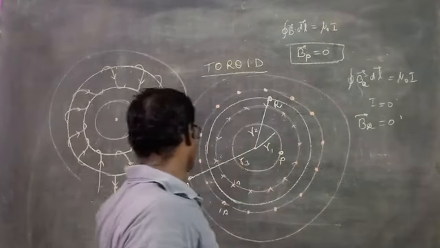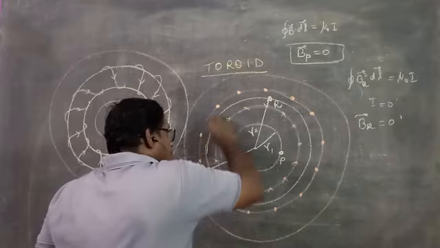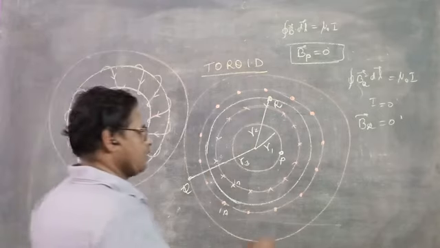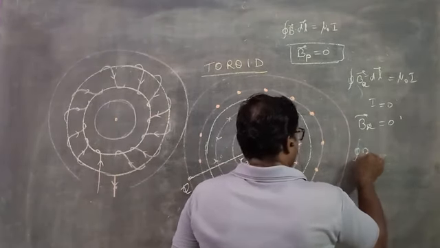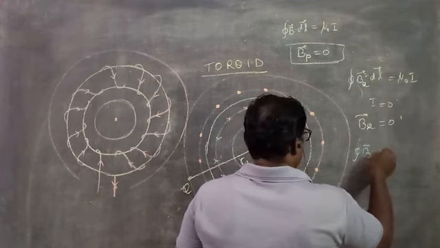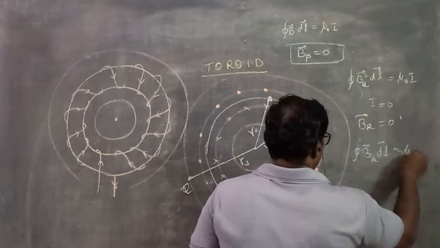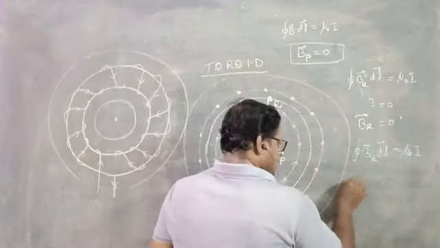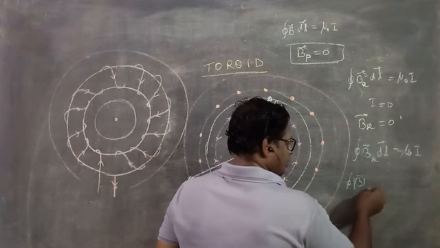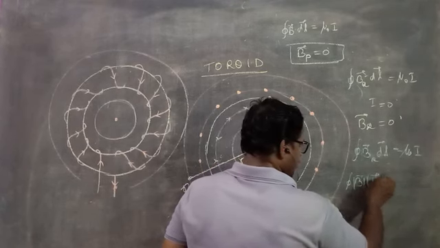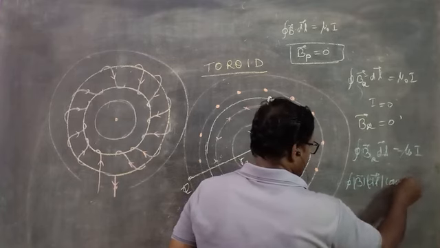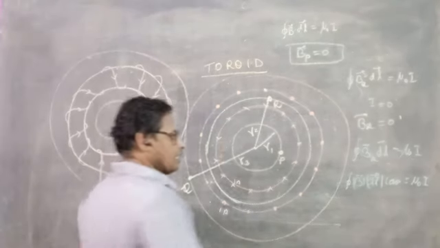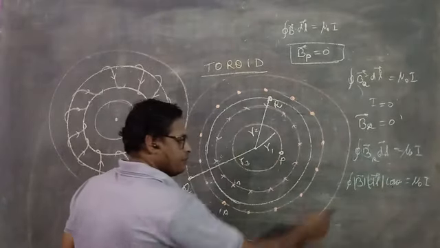And only one part is there, that is the middle of the toroid. So in the middle of the toroid, the integration of B over the path of radius R into dl is equal to mu naught I. Here we can write the integration of B vector modulus into dl vector modulus into cos theta is equal to mu naught I. Here theta is the angle between B and dl.